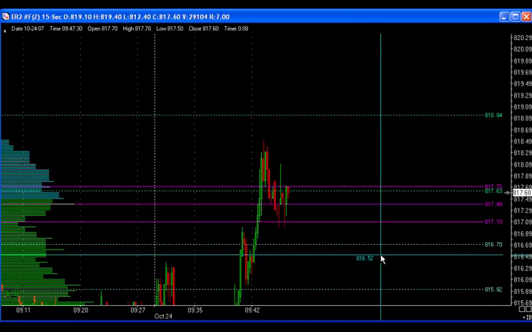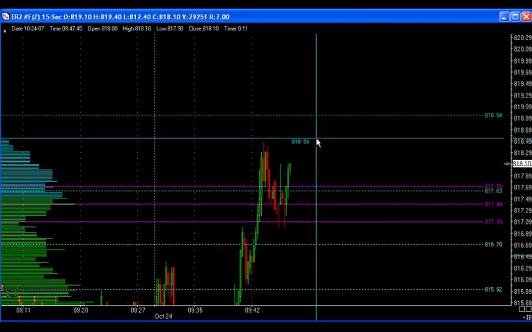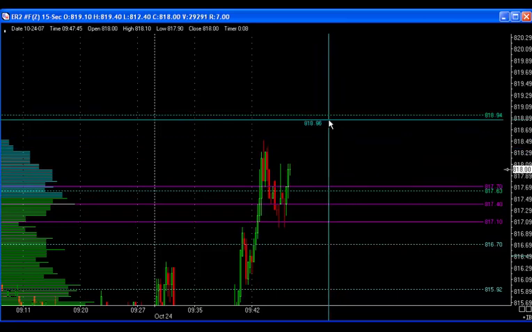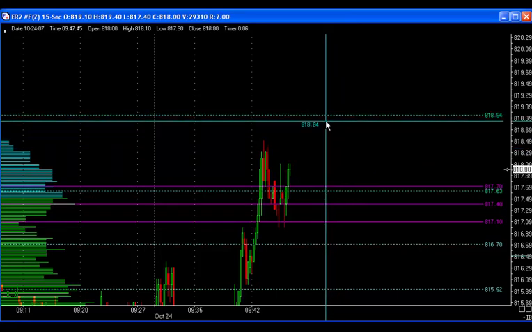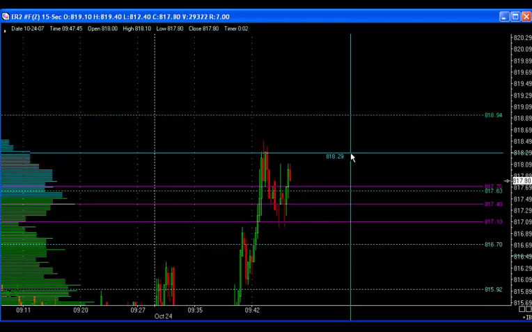So the question you want to ask yourself is, is this tradable? Well, at the moment I'd say no. If I were going to enter a trade, I would do so up here, and I would go long at 818.94.